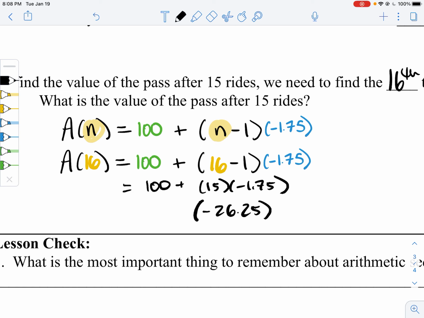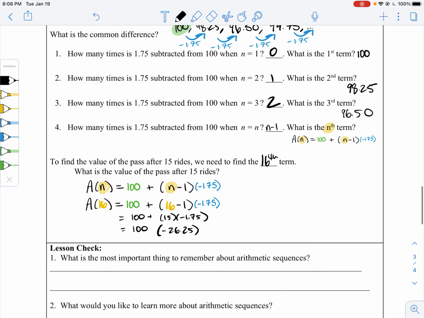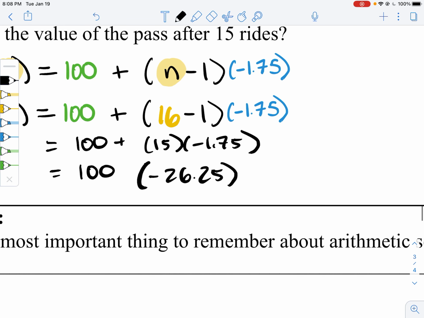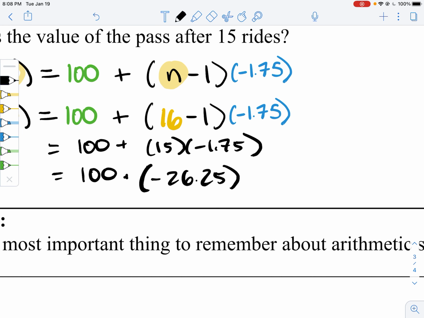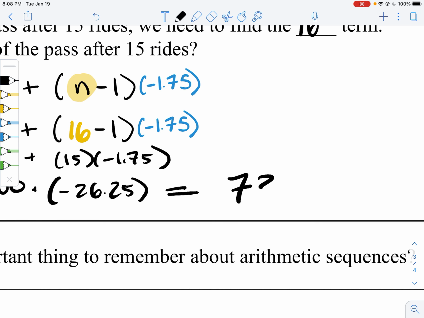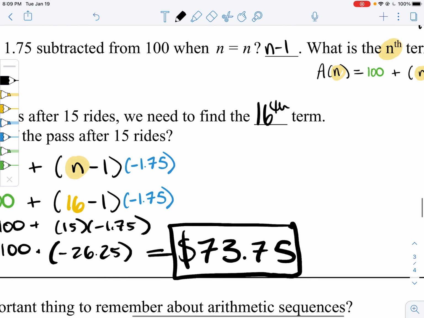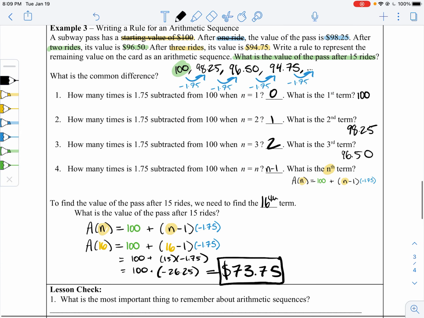So that's how much money we've spent on our subway rides. Okay, and 100 plus negative 26.25 comes out to $73.75. We're working in dollars. Voila. That's how much money you have on your subway pass card. You did it.